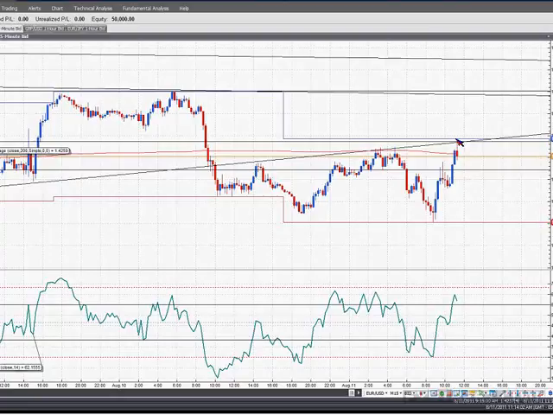So that would be your longer term perspective of the pound dollar, waiting for this correction to complete, and then going for a bullish continuation with a confirmation above 1.6470. Give it some elbow space, 1.6470, 1.65. All right, let's move on.